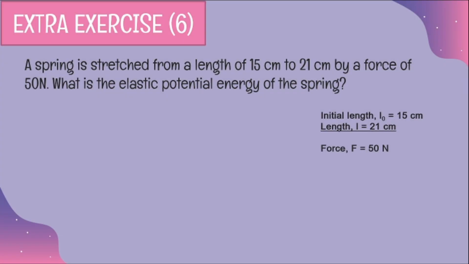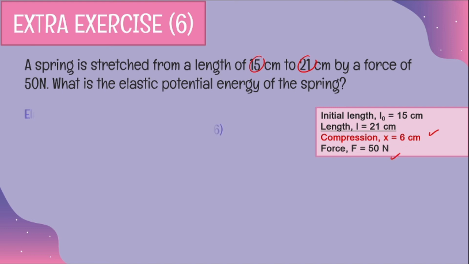Yang ni dah. Ini yang soalan 6, 7. Cikgu tak ada masalah. Just apply. Sebab kita tak tanya. Okay. So, soalan nombor 6 ni dia tanya apa? Dia tanya pasal elastic potential energy. 15 to 21. So, the extension is 6 cm. Force apply is 50.